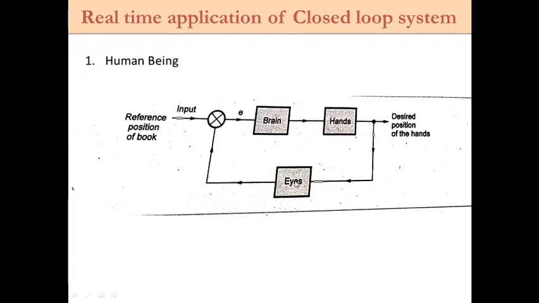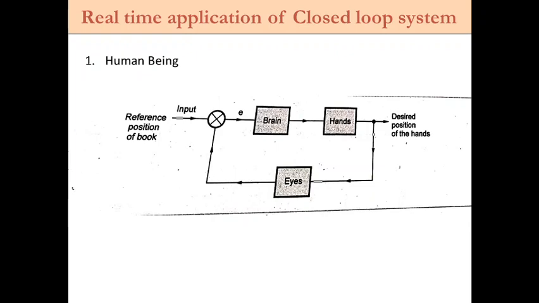Here the position of the book we can take as the reference position, that is the reference input. The feedback signals will come from the eyes and compare the actual position of the hand with the reference position. Then the error signal is given to the brain.